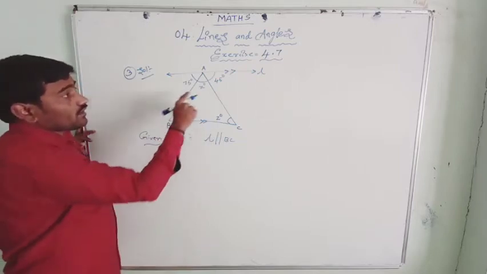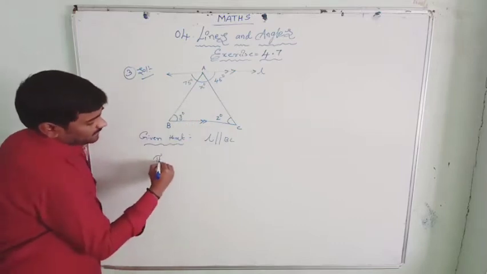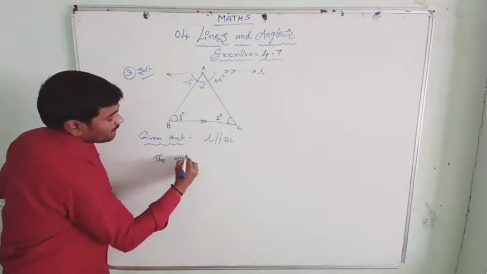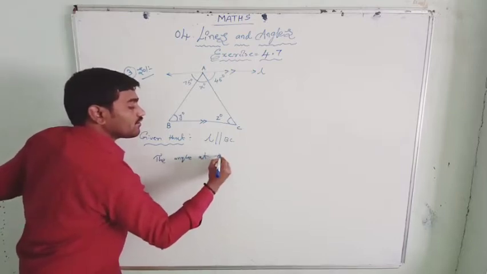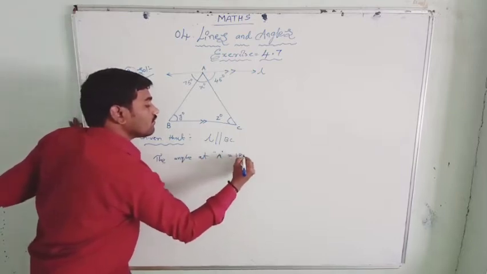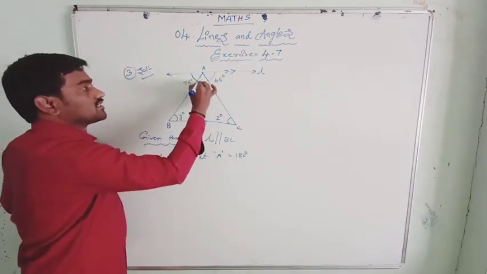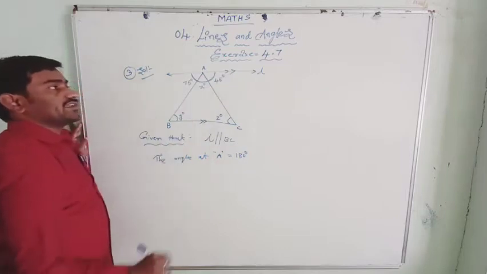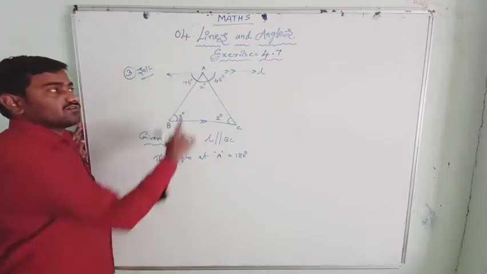The sum of these three angles at vertex A equals 180 degrees. That means it forms a straight line. The angle at A is a straight line, so it forms 180 degrees.